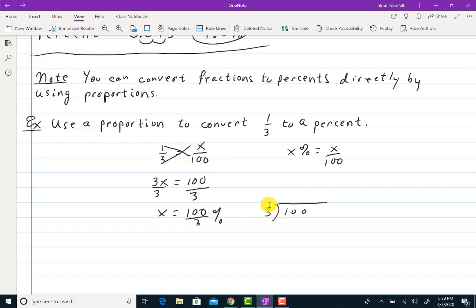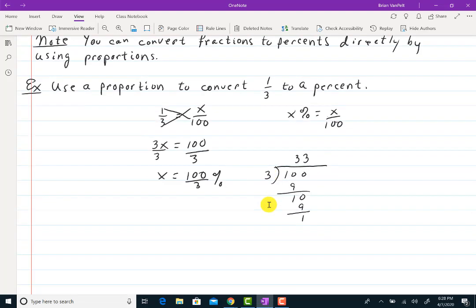So 3 goes into 10 3 times, and a remainder is left over of 1. I'm not going to go to decimals. What I'm going to do is then write this answer as 33 1/3%.